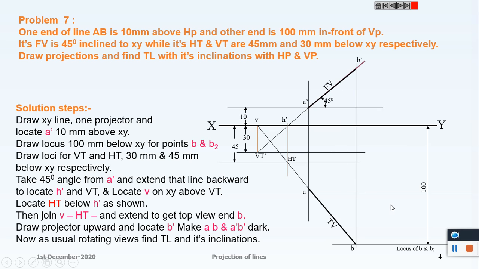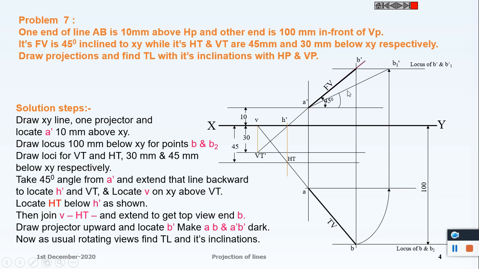To get the angle of inclination of the line with HP and VP, you have to draw the locus of A dash and A, locus of B dash and B. Now rotating the point B about the point A, we get B2 here, we get B1 here, and it is produced to the locus of B dash, we get B1 dash, join A dash B1 dash.